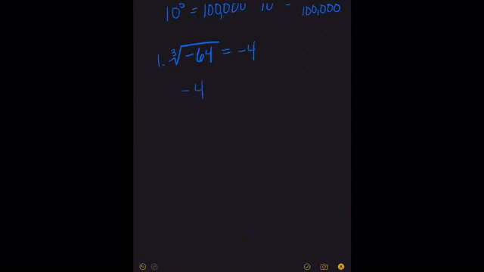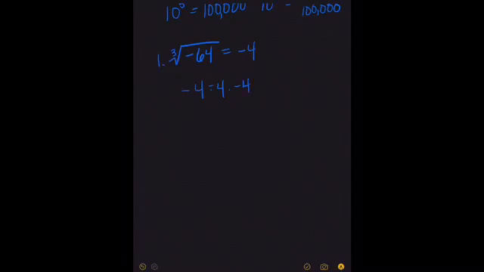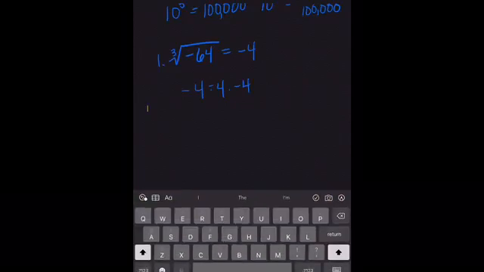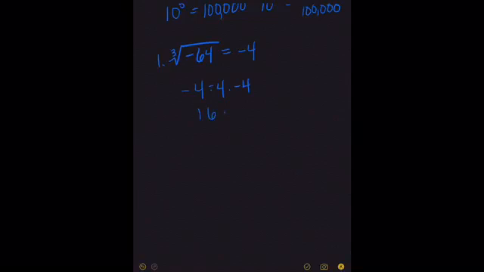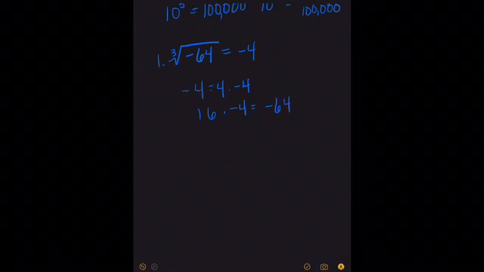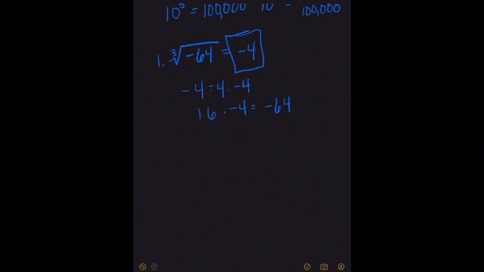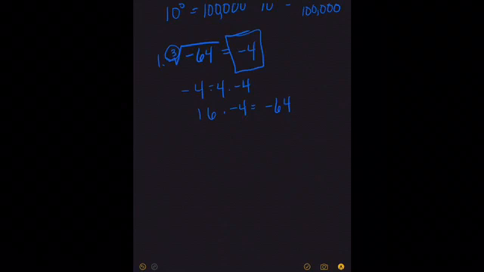And we can check it. Negative 4 times negative 4 times negative 4. Well, negative 4 times negative 4 is 16, and that times negative 4 will get us negative 64. All right, so we're set. So we can find a negative root of any root that is odd.